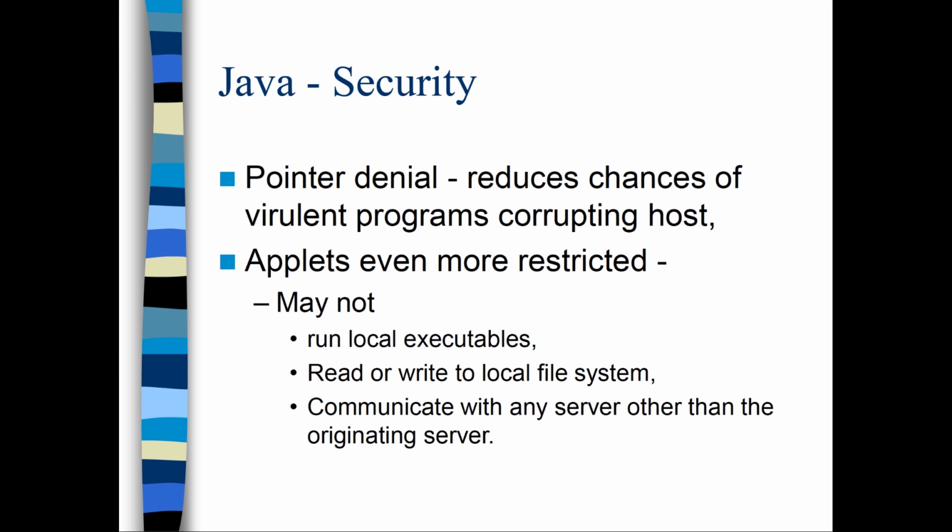So though C++ is an object oriented programming language, it cannot be called pure object oriented, because the use of pointers can make your whole program corrupt. That's the reason the concept of pointers is removed in Java. Pointer denial reduces the chances of virulent programs corrupting your host.